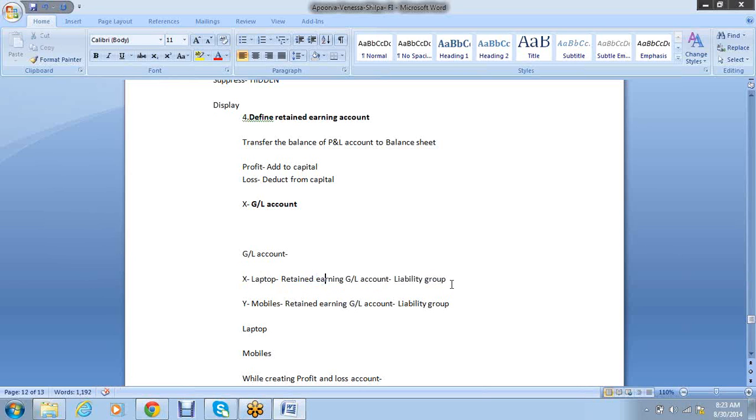The retained earnings account is created under your liability group. Then for Y, for mobiles, I'll create a separate GL account.